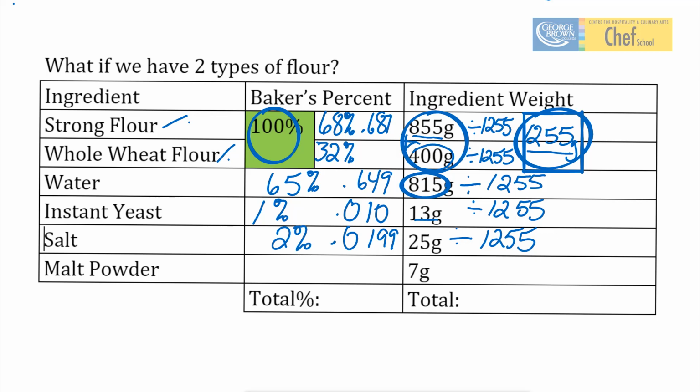Malt powder, 7 grams, divided by total flour weight, 1,255 grams. That's going to give us a figure of 0.0056. We can call that 0.6%. Add up our totals, because we'll need that when we want to do some conversions.